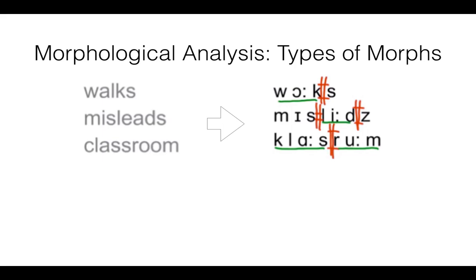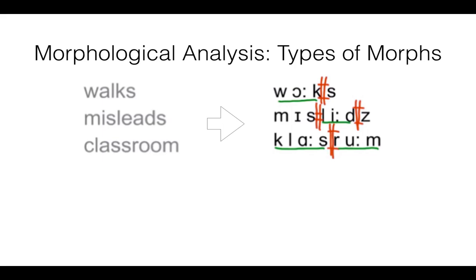For example, you have here walk, the verb walk, and then you have S, third person singular S for the present tense. He walks, she walks, right? So, first of all, I write walks like that, and then I start cutting the word. And we're going to see that this is the next step for morphological analysis. It's called isolation of affixes. We're going to see it later on when we talk about step 1, step 2, and 3, right? Then you have misleads.